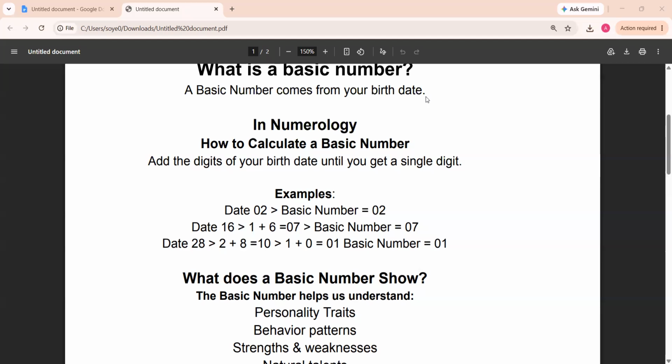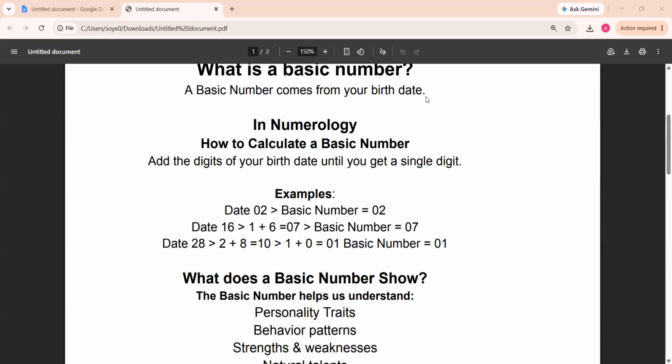If you are born on 28, the method is 2 plus 8 is equal to 10. Then 1 plus 0 is equal to 1. So for this date of birth, the basic number is 1.